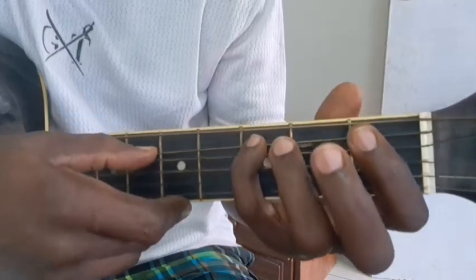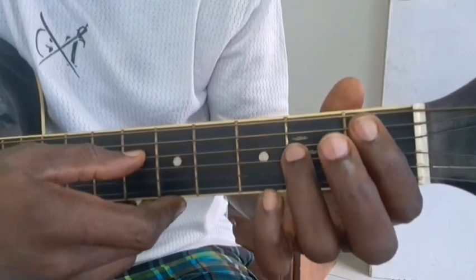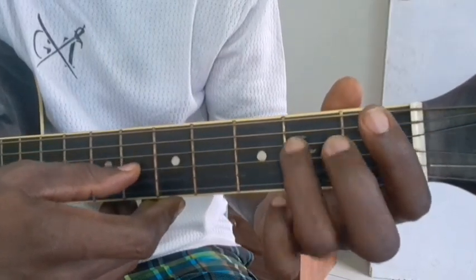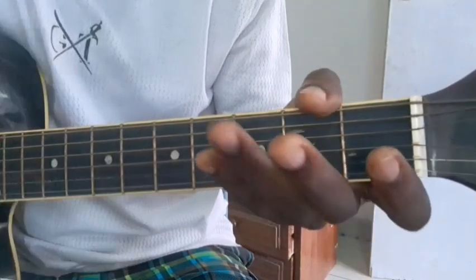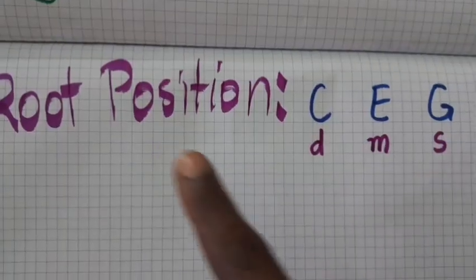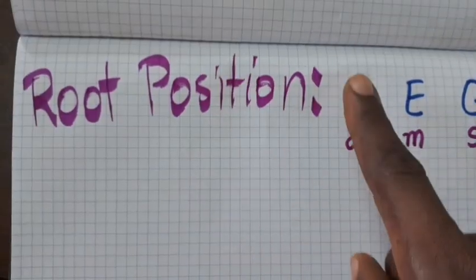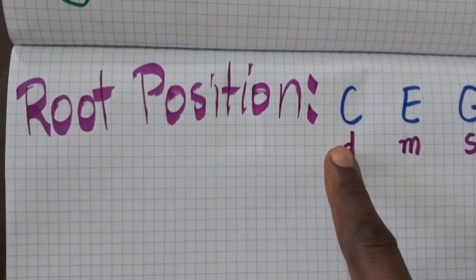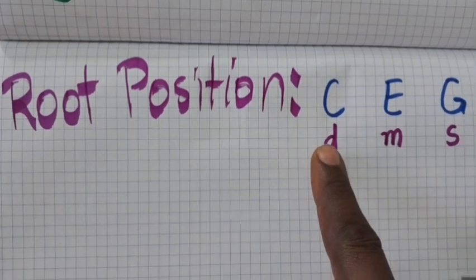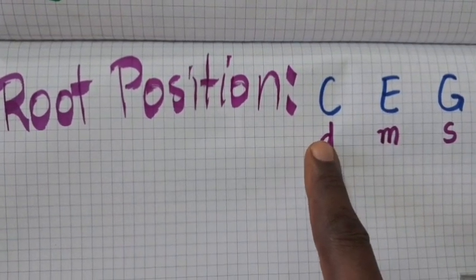Do, do, mi, so. So this is the root position because C major is our key.